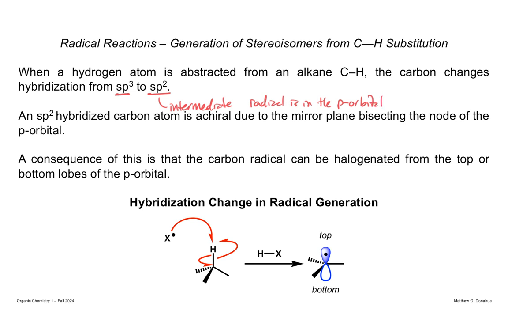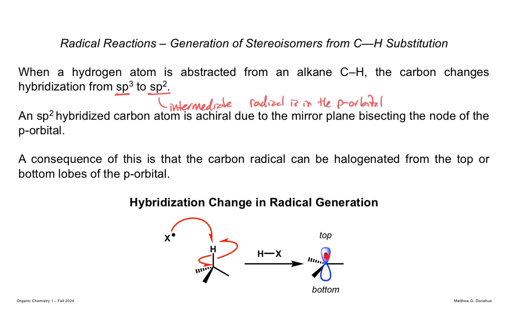As you see in the drawing here, there's your halogen. It's abstracting a hydrogen. So we use the fish hook arrow to indicate that. That carbon's sp3. It now becomes sp2.